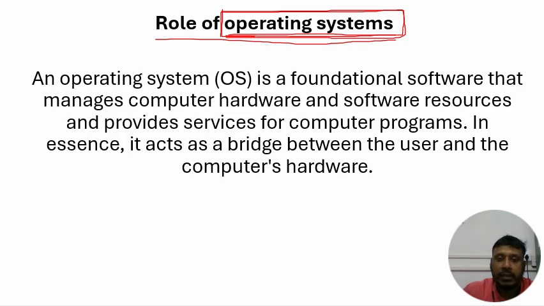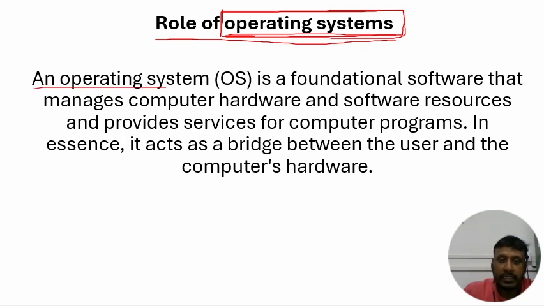The hardware resources may be the input devices, the output devices, the printing facility for documents, or displaying any image or video or picture. So whatever application software the user applies, the application software ultimately works on the operating system.